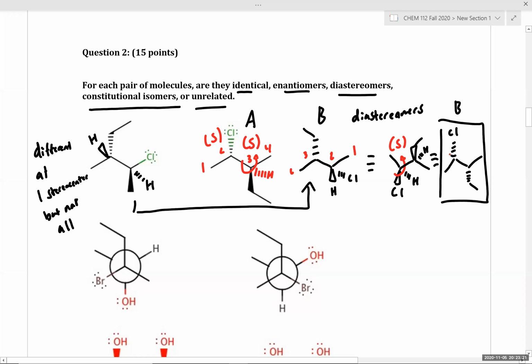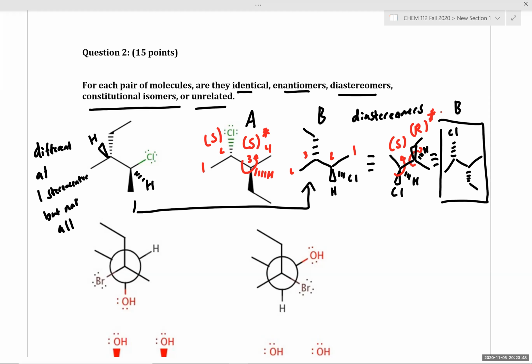Same stereochemistry, same dash wedge notation for the same skeleton. While the opposite stereocenter is R. Does everyone see how only one stereocenter has a different configuration? So then, these are diastereomers.